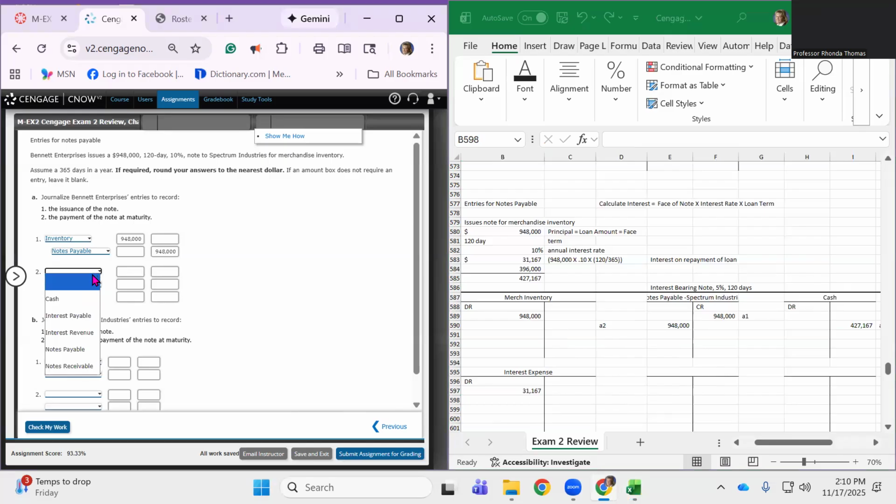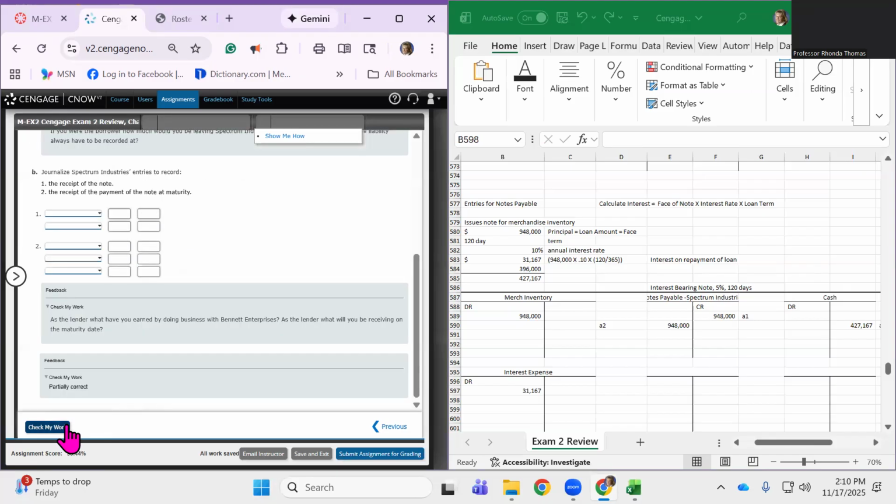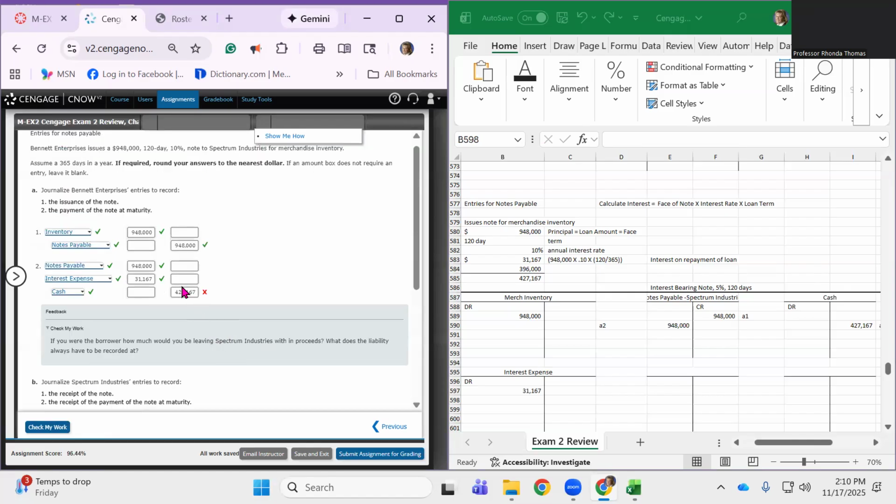So, interest expense. Oh, notes payable. They wanted to do the note payable first, so get rid of it. And the cash is the whole amount. And interest expense is the 31,167. So I hope that's correct. Uh-oh, hold on.